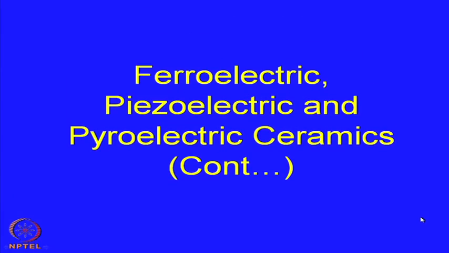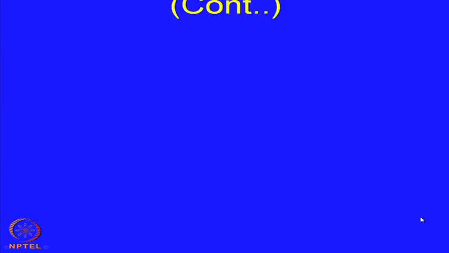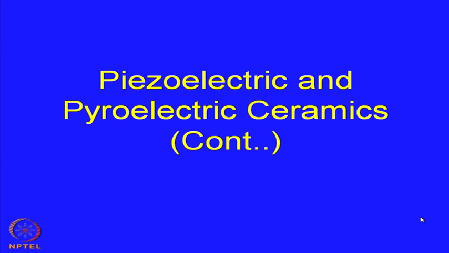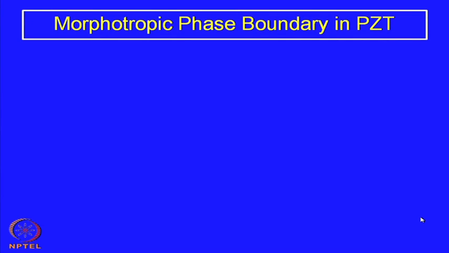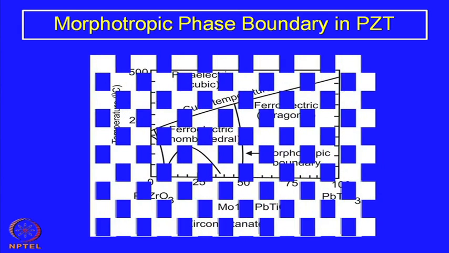of the coefficients. We started with the discussion of what we call the morphotropic phase boundary, particularly for the most important ceramic material, that is known as PZT or lead zirconate titanate.